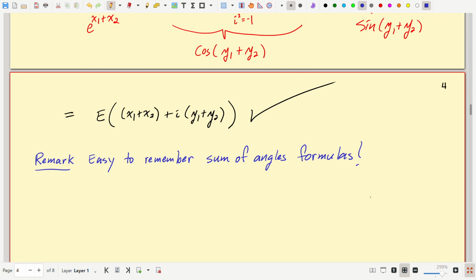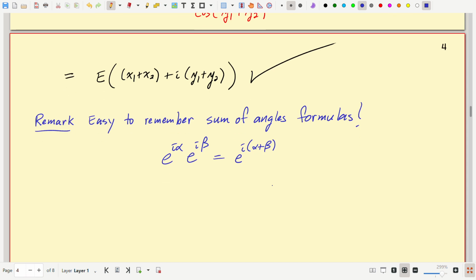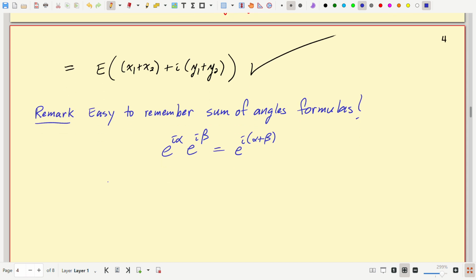All you have to do is take e to the i alpha times e to the i beta, which equals e to the i (alpha plus beta). Write those out in terms of cosine and sine, so use the Euler identity.